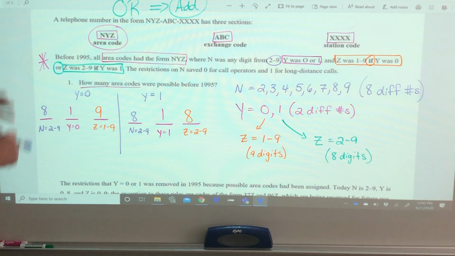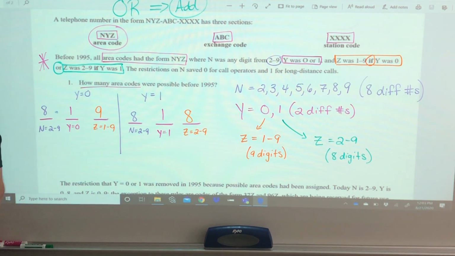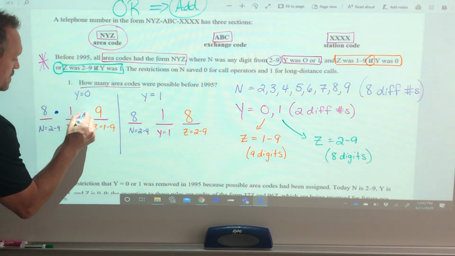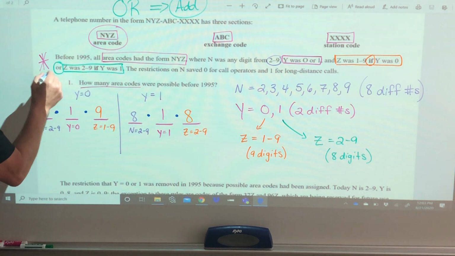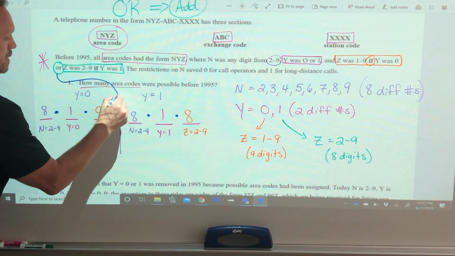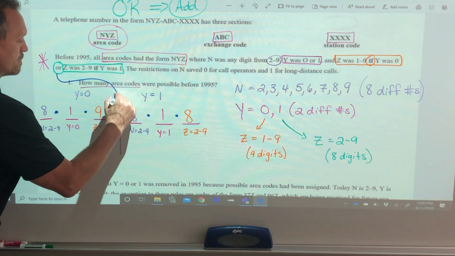When we get this type of stuff, we're dealing with the counting principle. You multiply all of these. But the OR dictates addition here.